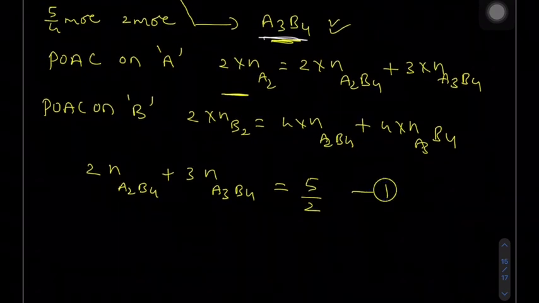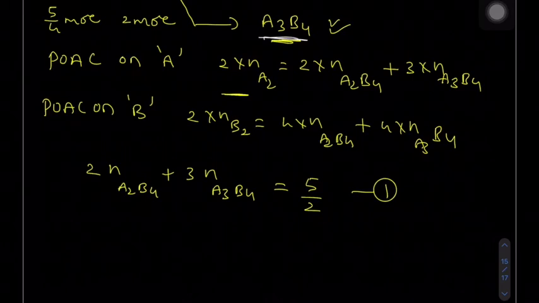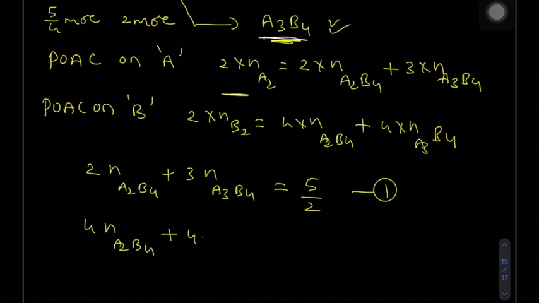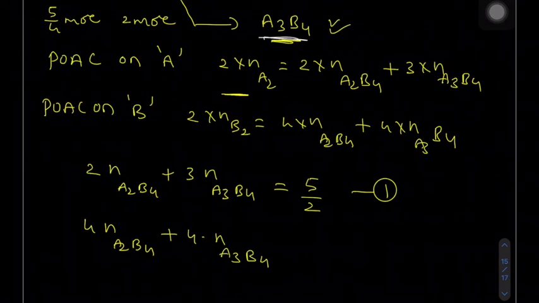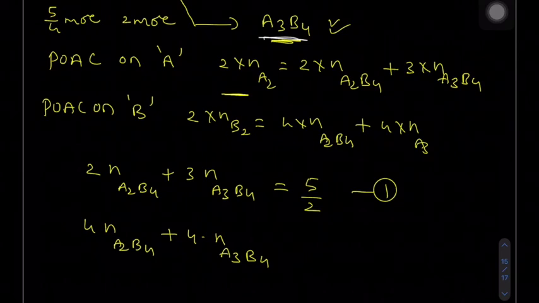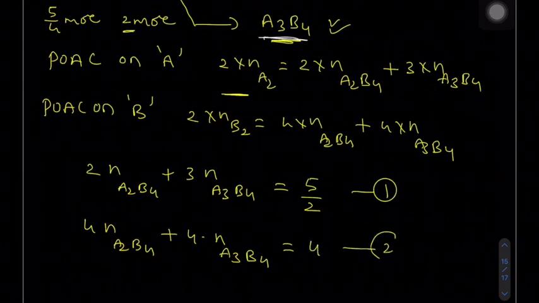Now come to the second one. 4 into the number of moles of A2B4 plus 4 into the number of moles of A3B4 will be equal to 2 into the number of moles of B2. The number of moles of B2 is 2. 2 twos are 4. Let's call this equation number 2.